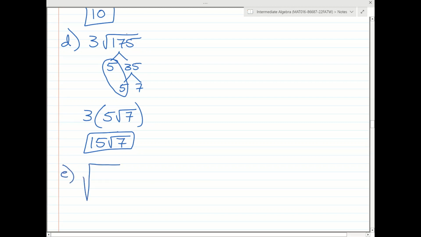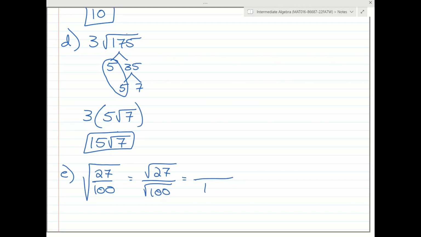How about the square root of 27 divided by the square root of 100. This is the same thing as the square root of 27 over the square root of 100.